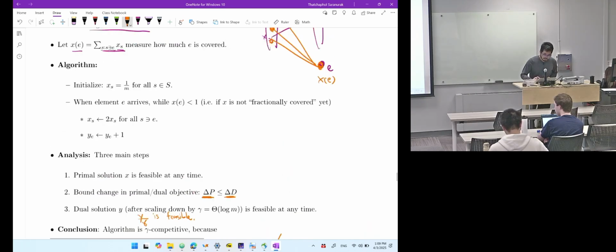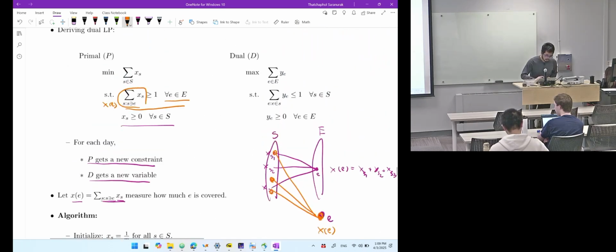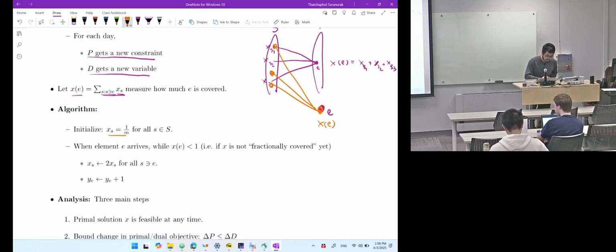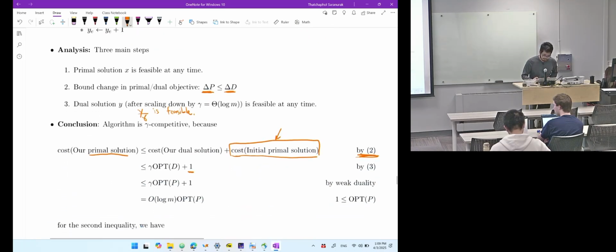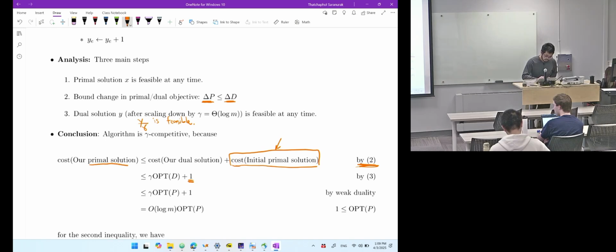Because you just start by setting the value of every set to be 1 over m. So the sum of the initial cost is just the sum over this m times, so it's just 1. Okay. What about this?